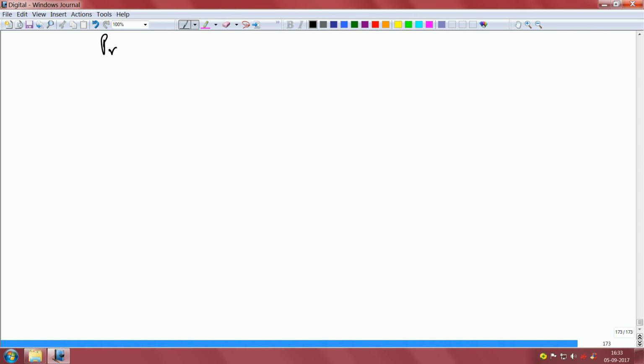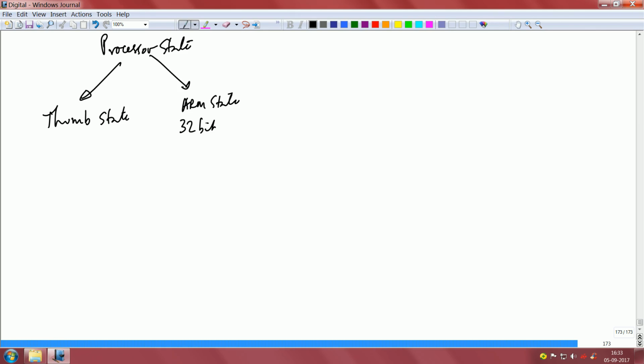Just let me put down this processor state. Essentially you are talking about Thumb state, and you are talking about the ARM state. This ARM state essentially is all about the 32-bit ISA, and this Thumb state is nothing but the 16-bit ISA.